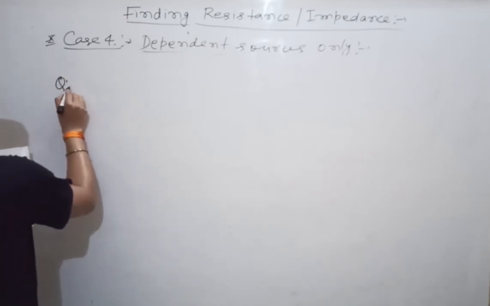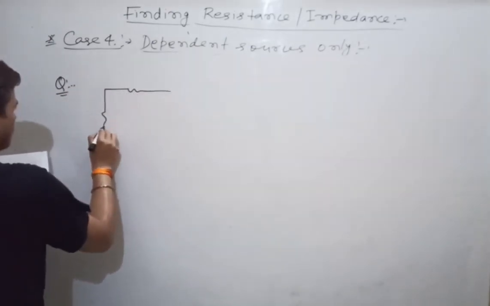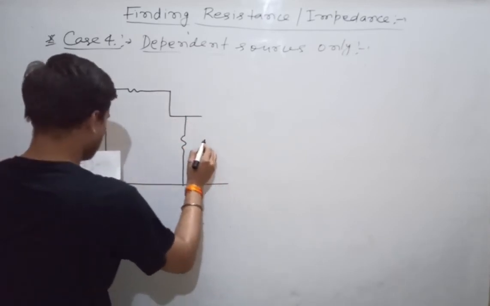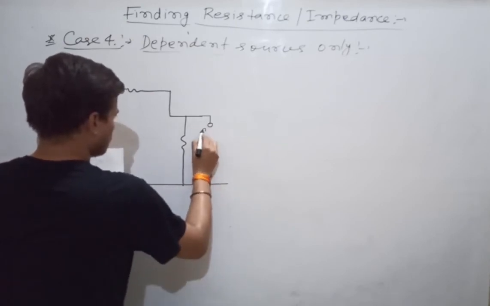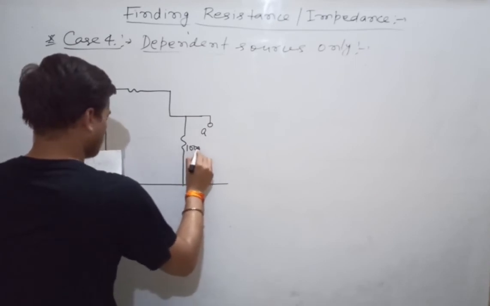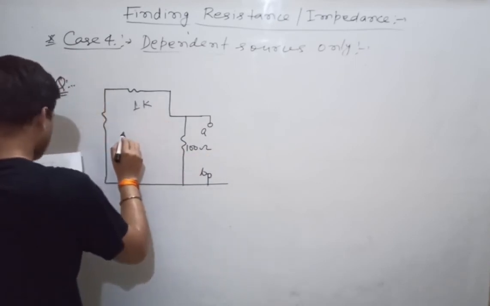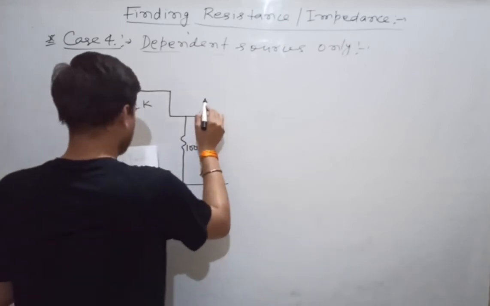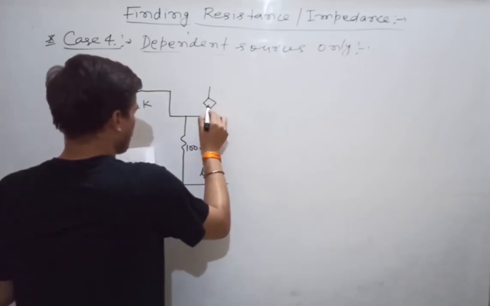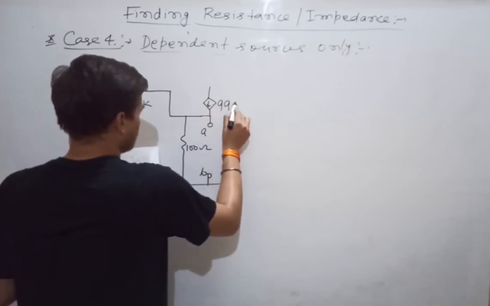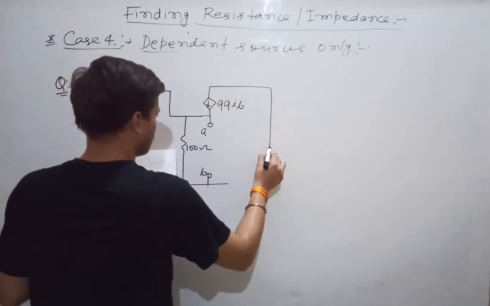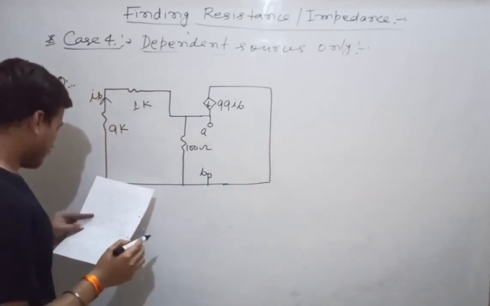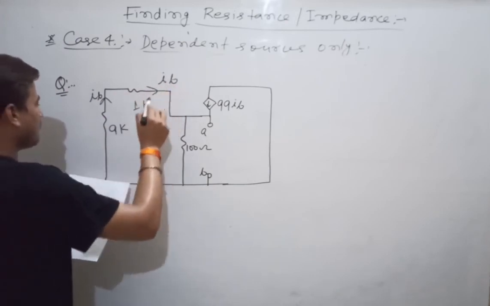The question is, this is terminal A and B. This current is IB.